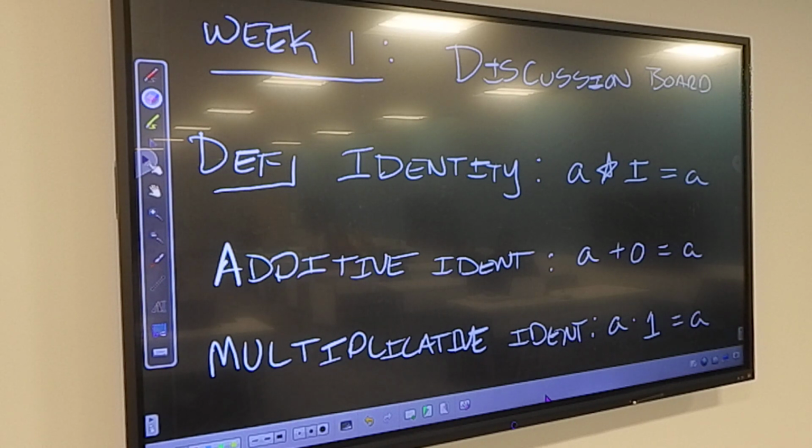There's no such thing as a subtractive identity or a division identity. And that's because subtraction and division are imposters. They're not unique.